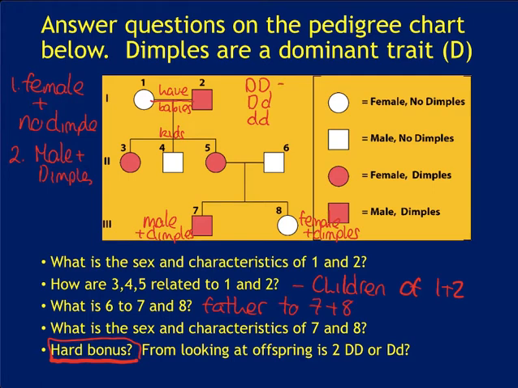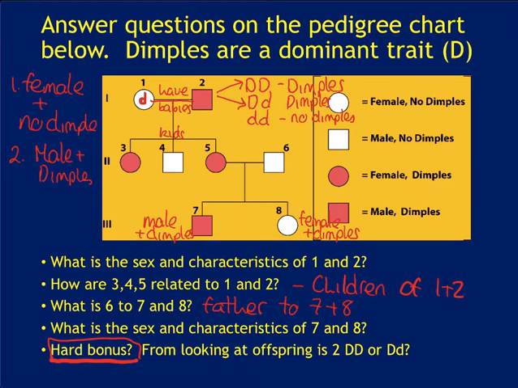If D is dominant, this means dimples, this means dimples, and this means no dimples. So this mum over here is always going to give a small d. Always. So by looking at 3, 4, and 5, can we work out, is dad here this or this?